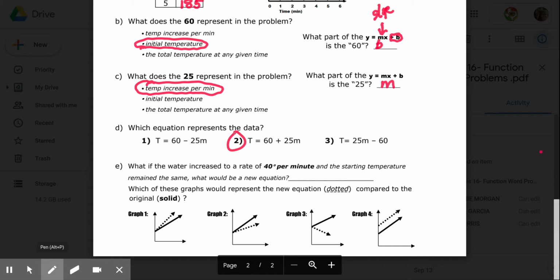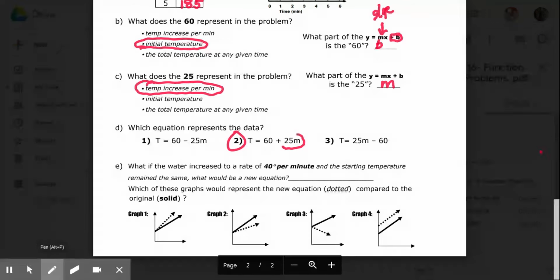What if the starting temperature remained the same? What would be the new equation?